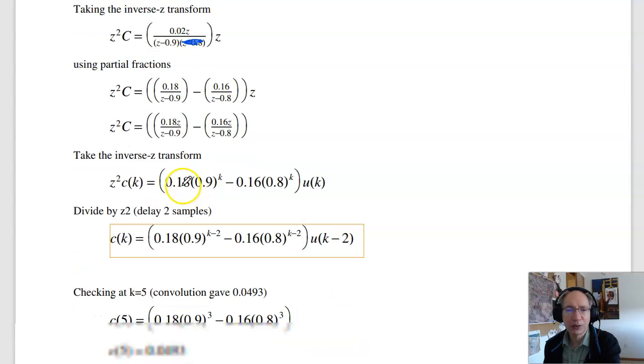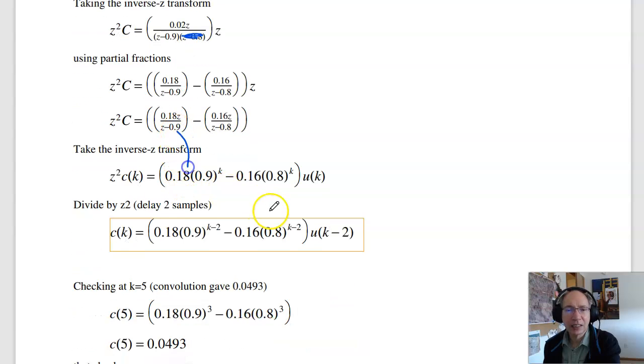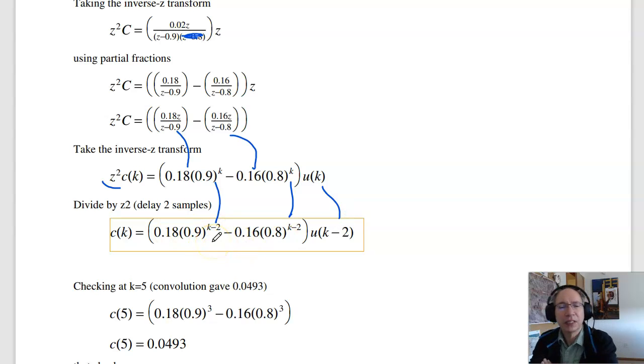Multiply through by z, and I can find this term and that term. So this is 0.18 times 0.9 to the k, minus 0.16 times 0.8 to the k. Now divide by z squared, that means delay everything by 2. So k goes to k minus 2 everywhere, and there's the PDF for C. And there's a couple of other ways to write it.